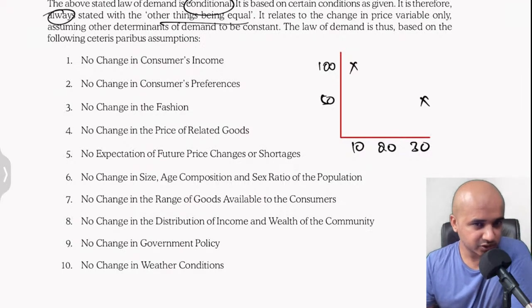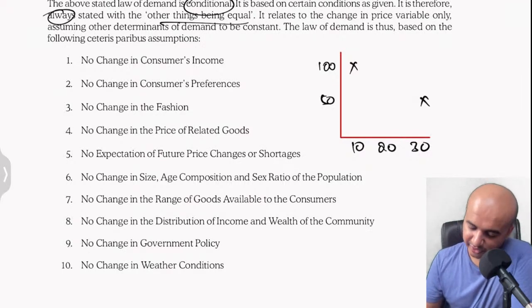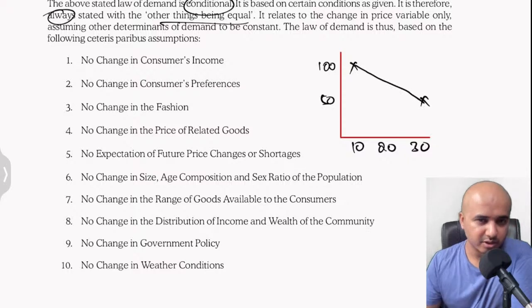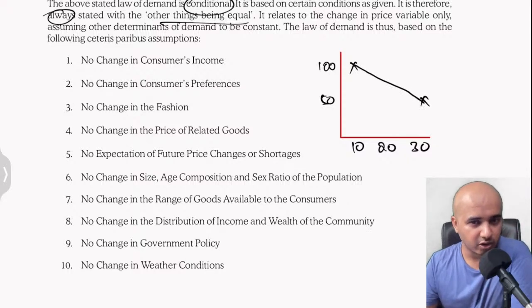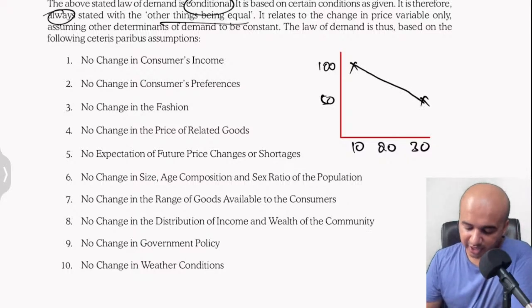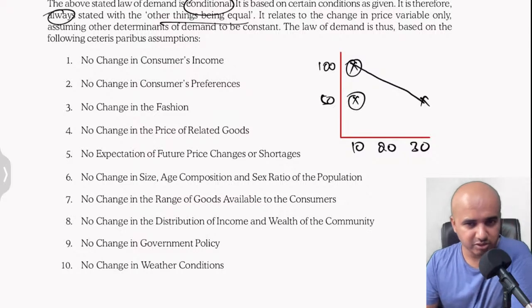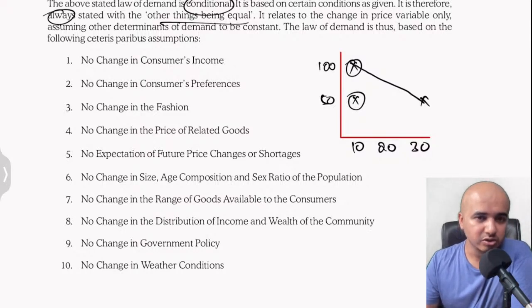Now if they lose their jobs, it doesn't really make any difference whether your commodity's price has come down or not. If they were buying 10 units at 100 rupees, maybe they will still buy 10 units at 50 rupees also, because now there is loss of income for the consumer. So this is one assumption wherein we say the consumer will still be earning the same amount. So in that situation, we will apply this law.